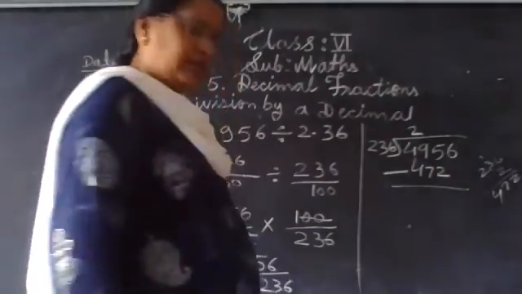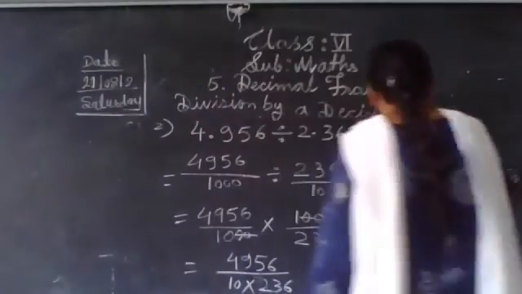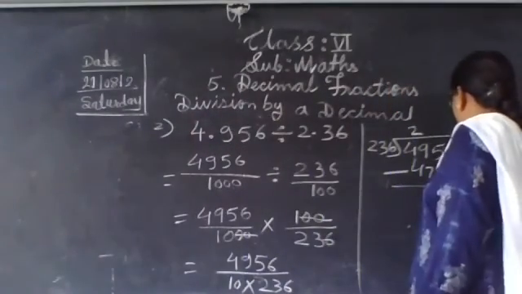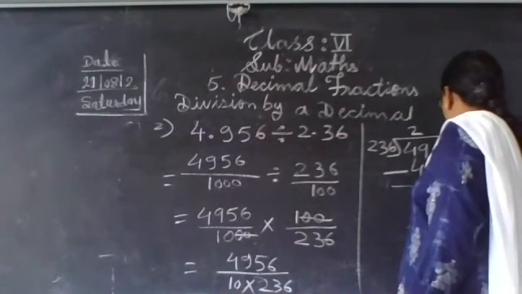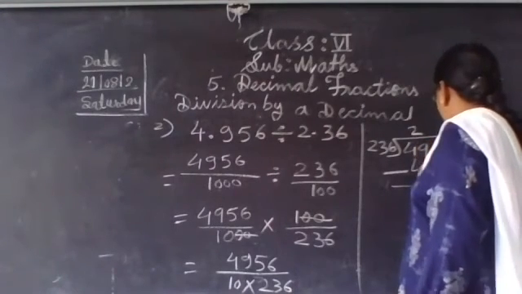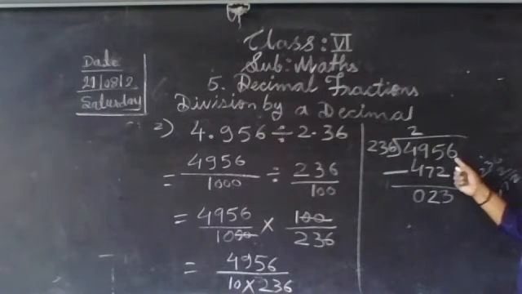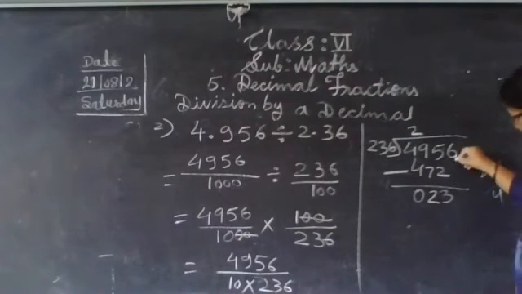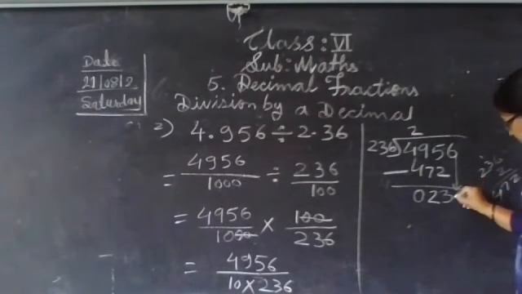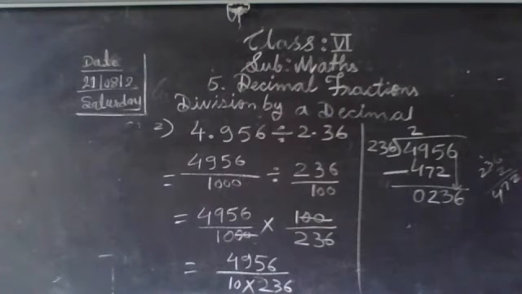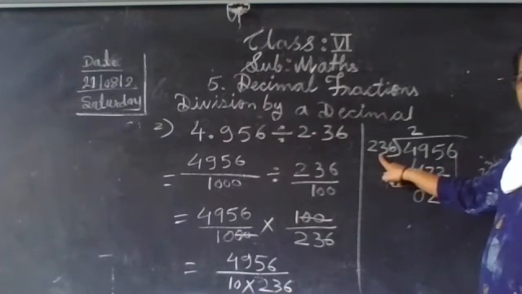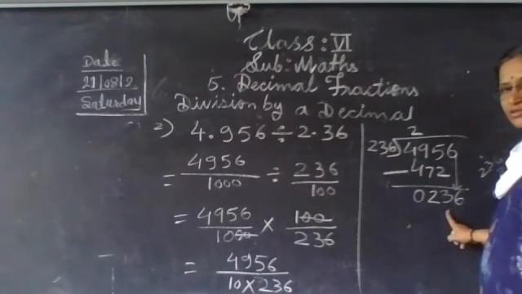Then 5 minus 2, 3. 9 minus 2, 7. 4 minus 4, 0. So it is 23. But still we have one digit left. So we will bring it down.